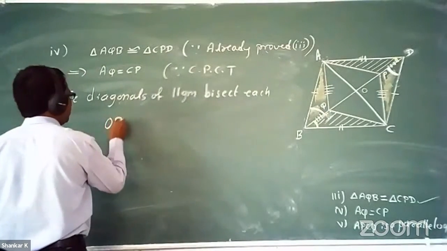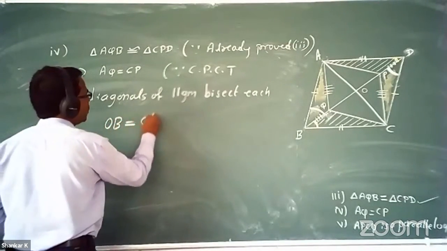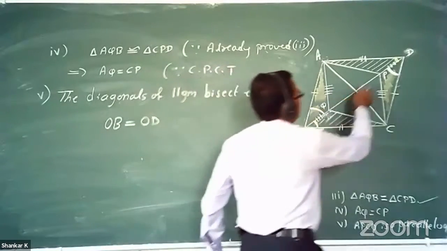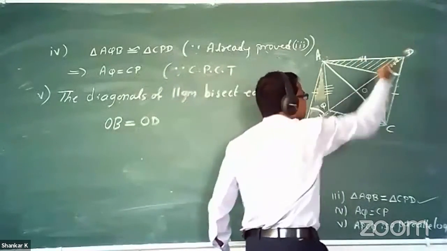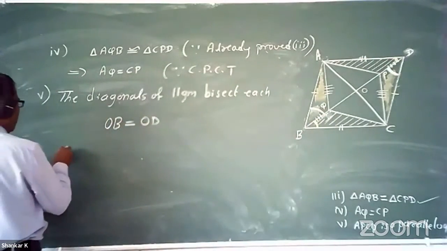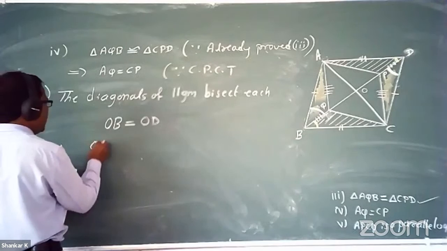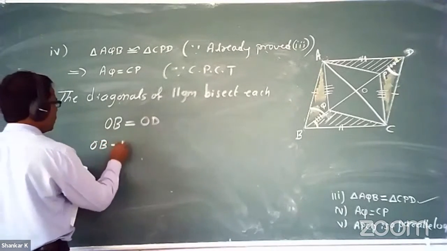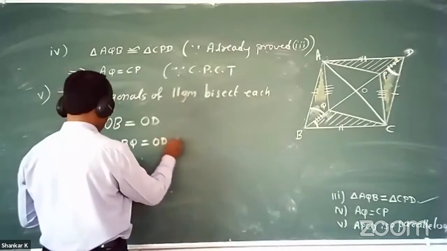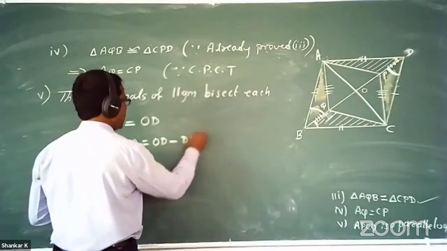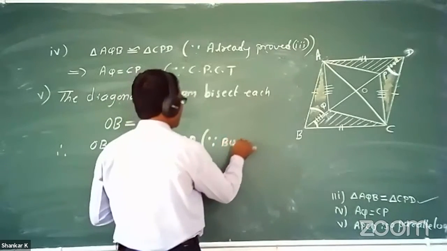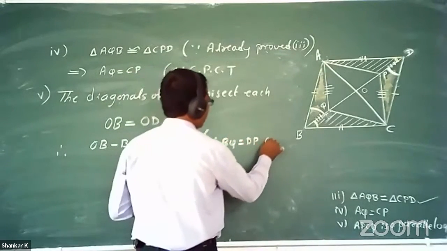OD. OB equal to OD, how? OB equal to OD because the diagonals AC and BD are divided into two equal parts. Now therefore OB minus BQ equal to OD minus BQ, because BQ equal to DP, given.